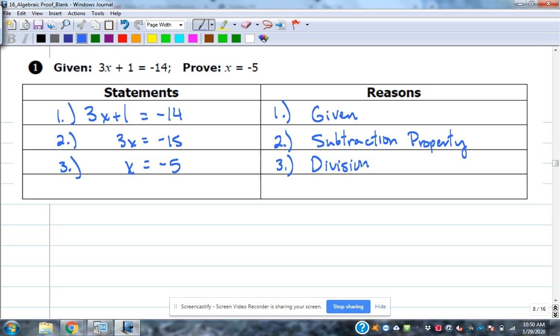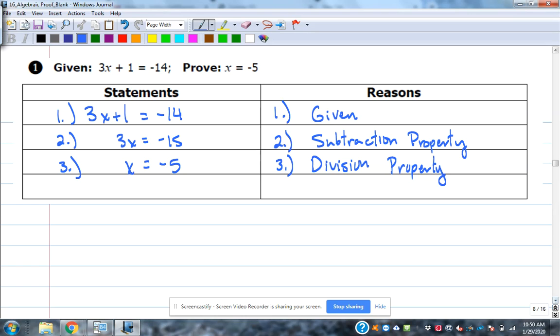You don't have to use all of the boxes. Some of them they put a few extra in there just so you got room just in case. And I do number mine just in case maybe my step takes a little longer to write, or maybe I have to show some work in between. So that's pretty easy.